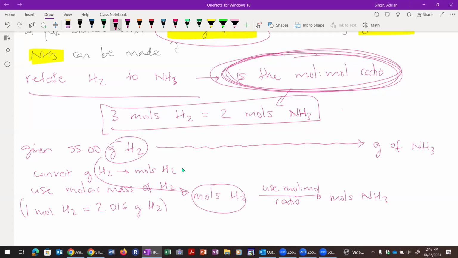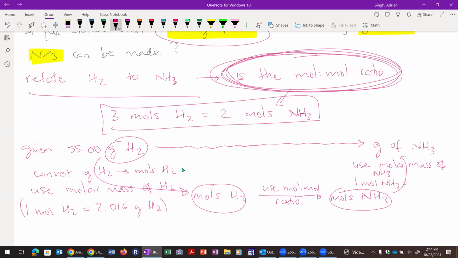And then we can use our mole to mole ratio, just like we did in the previous question, to get to moles of NH3. Okay, and now we have one more step. You need to get from moles to grams. Well, guess what? We're going to use the molar mass of NH3, ammonia, in this case. So we just look it up on the periodic table. We have 1 nitrogen and 3 H's.